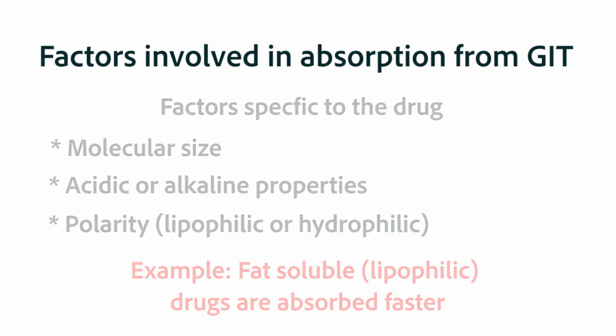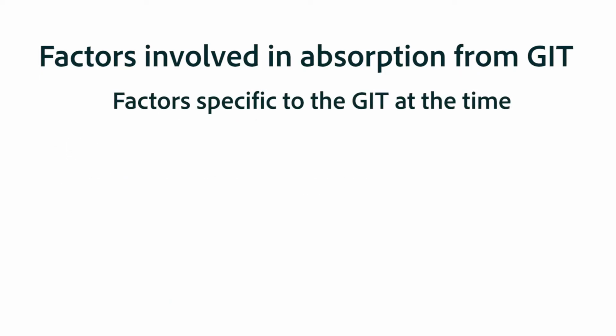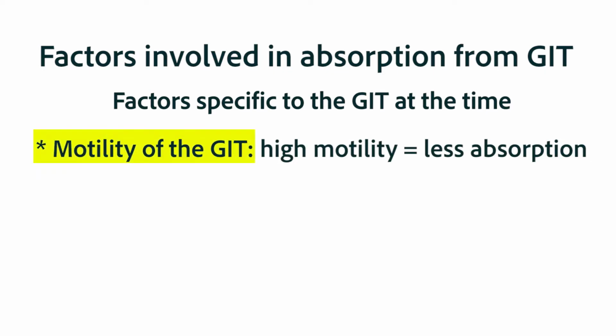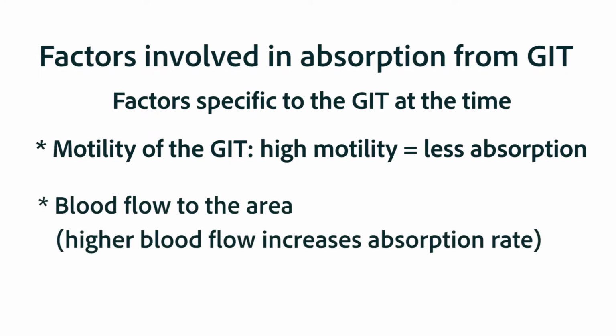Other factors that affect the absorption of medications include the specific conditions of the gastrointestinal tract at the time. For instance, drug absorption is affected by the rate at which the contents are moving through the GIT. Another factor that affects absorption is blood flow through that area.